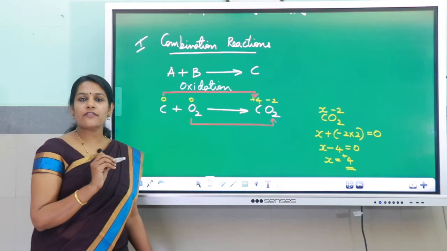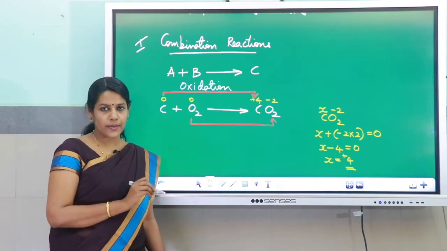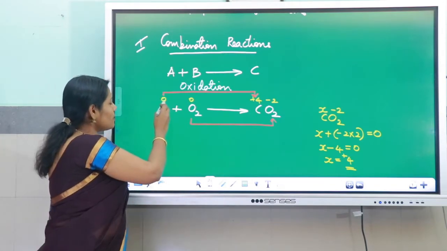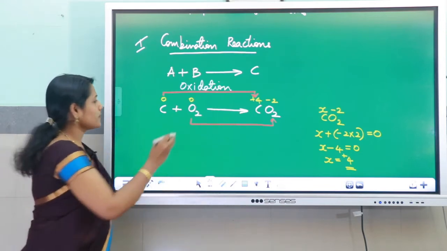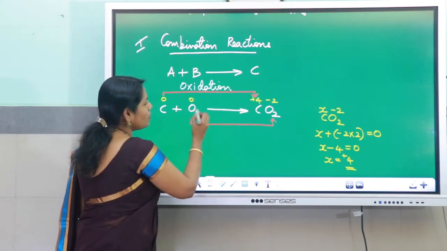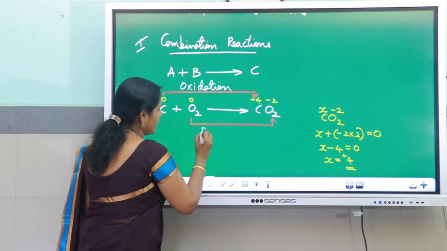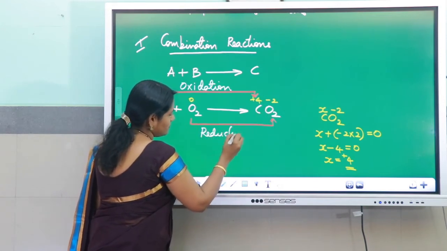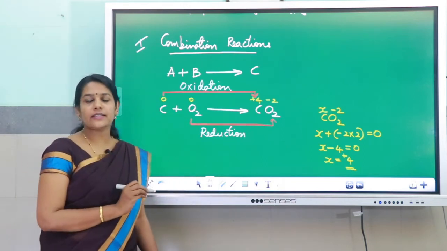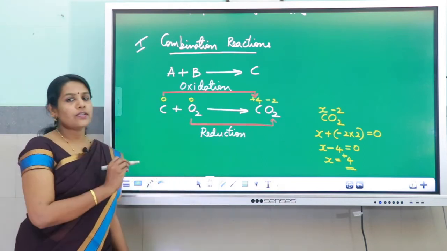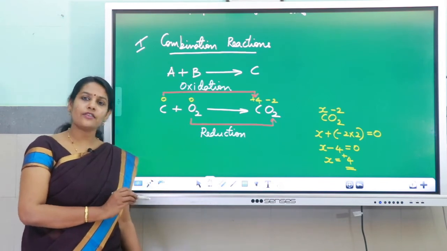Oxidation is a process in which there is an increase in oxidation number. Then oxygen 0 becomes -2, that is reduction. As we all know, reduction is a process in which there is a decrease in oxidation number. So, this is an example of a combination redox reaction.